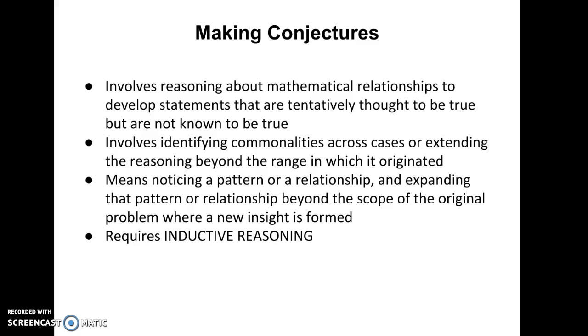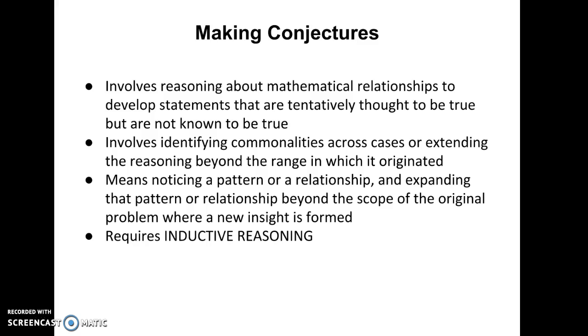So making conjectures involves reasoning about what you see is happening and developing generalizations or statements about things that you are seeing. Conjectures are tentatively thought to be true, but they're not known to be true. They're not written in stone.